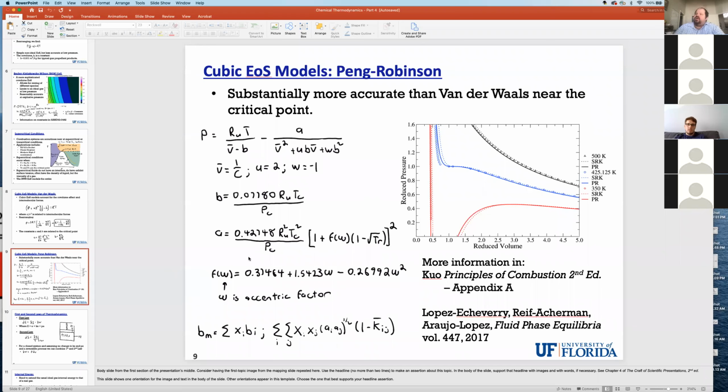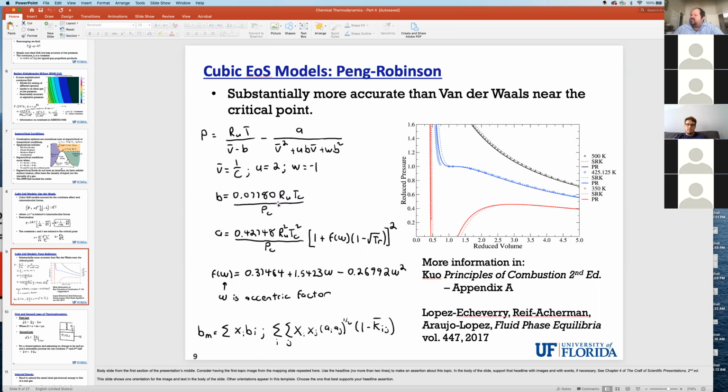That equation of state is given by P equals R_u times T over V bar, where again V bar is the molar volume, which is just 1 over the mixture concentration, minus this term here, A, divided by this denominator here, where basically w is -1, u is 2, and B is obtained through a combination, I'm pretty sure it's semi-empirical.